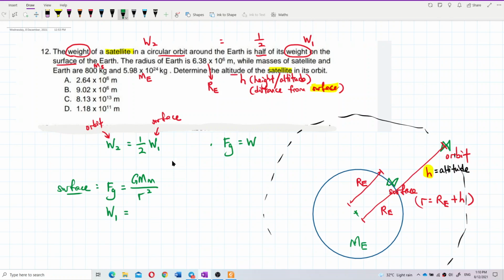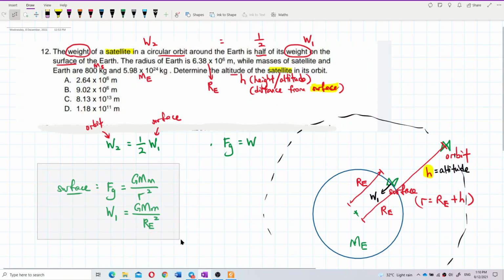So W1 equals G, mass of Earth, mass of satellite, over, if on the surface, the distance is just the radius of Earth. Put that as radius of Earth square. Okay, that's the surface.